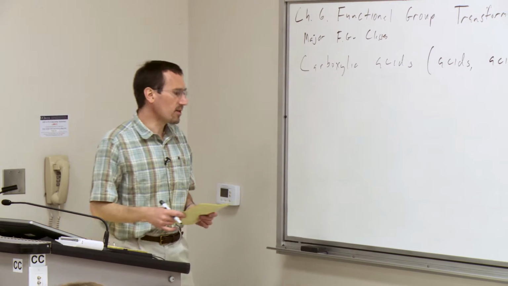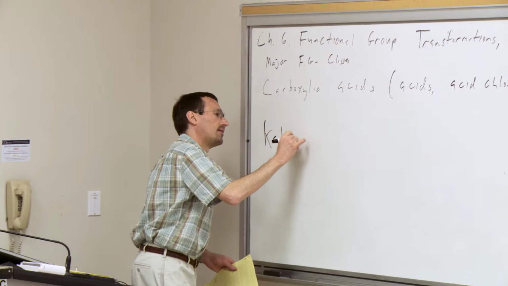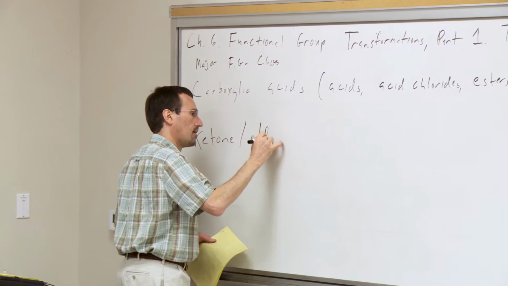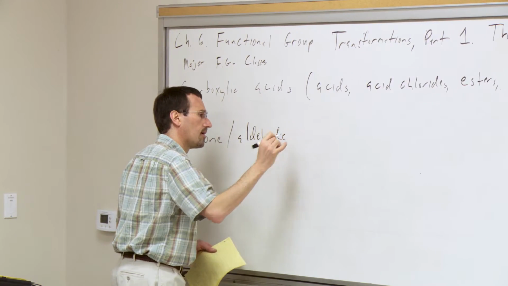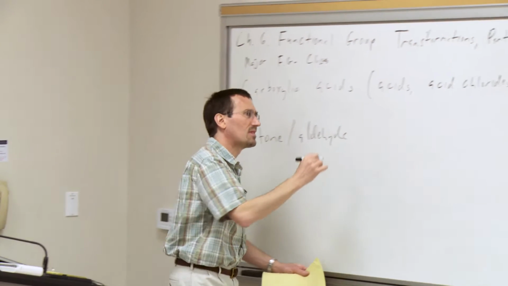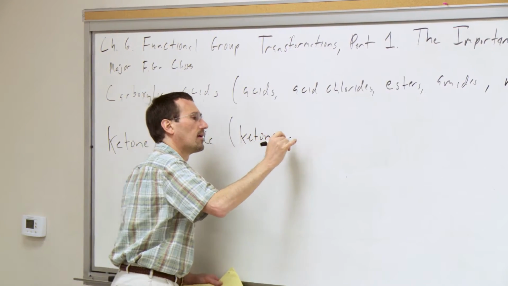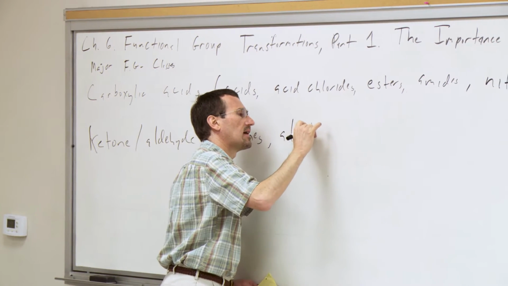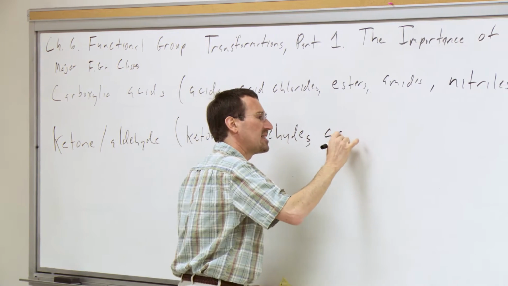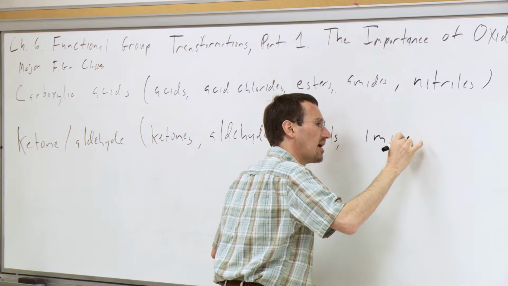If we move down an oxidation state, we get the ketone and aldehyde family. So I'm talking ketones, aldehydes, but also acetals, imines.